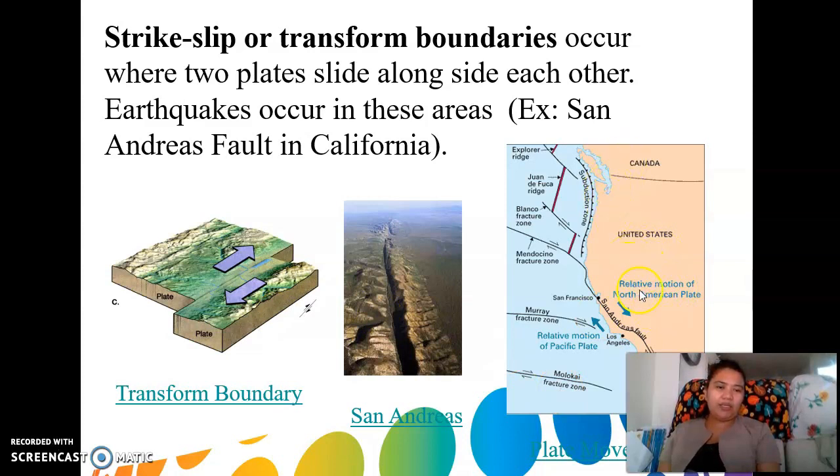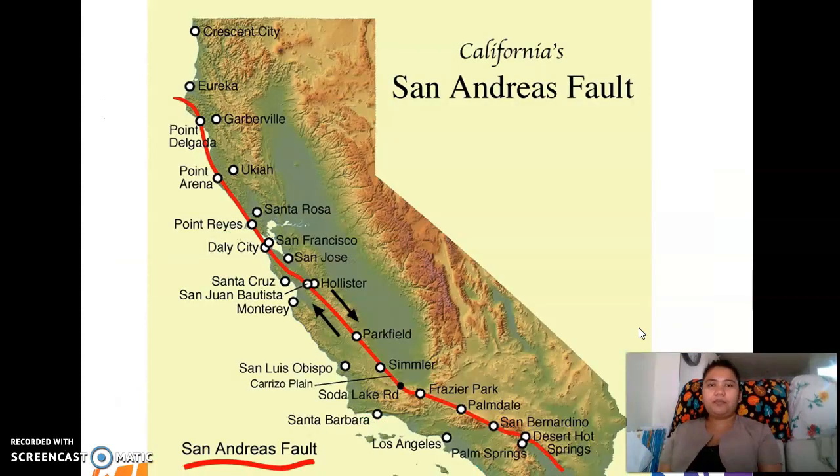You have here the North American plate, and this one is the huge and largest Pacific plate. In their interaction, the sliding past each other, the Pacific plate is heading northward while the North American plate is heading southward. As an effect of that, there is a huge crack here, which is your San Andreas Fault.